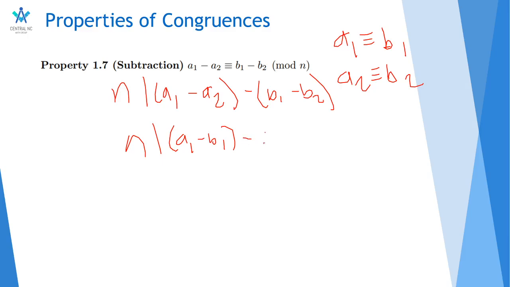So this gives you minus A2 plus B2, but that can be written as negative A2 minus B2. We can also go ahead and change the sign there. We know that n divides into A1 minus B1 because of this congruence right here, and n divides into A2 minus B2 because of this congruence right here. Thus, n must divide into the difference, and we have proved property 1.7.